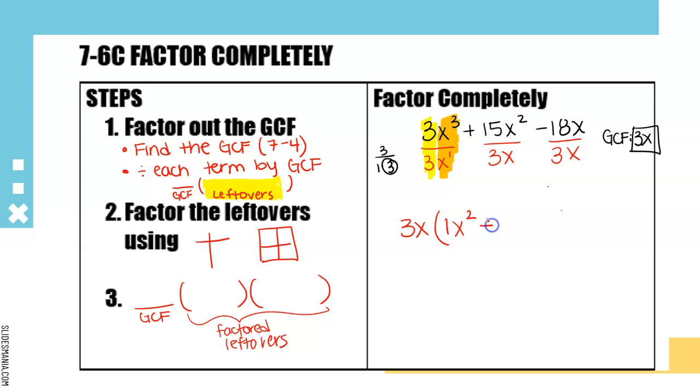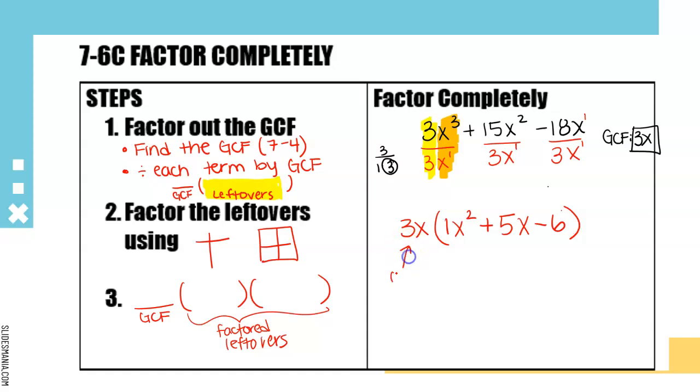Then in the second term, I'm going to do 15 divided by 3, which is 5. And then x to the second divided by x to the first is just x. And then in the last one, I have negative 18 divided by 3, which is negative 6. And then here, my x's will end up just going away because they have the same power on the top and the bottom.